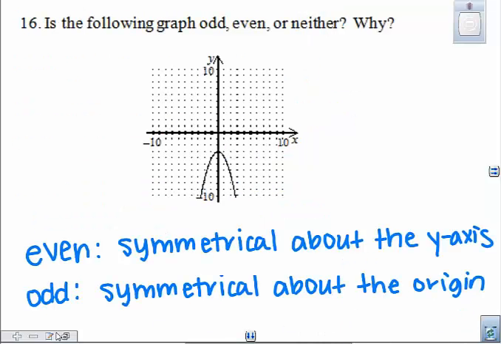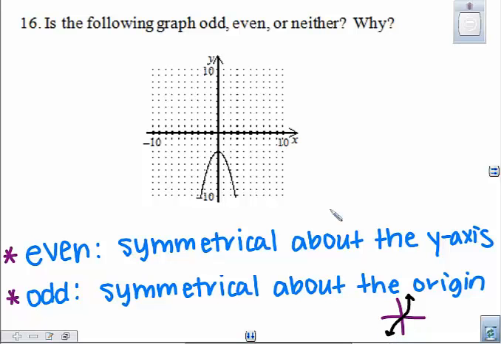Number 16 is asking about even and odd functions. What you should remember is that a function is even if it's symmetrical about the y-axis. That means you can fold it over the y-axis and it's a reflection of itself. Odd means it's symmetrical about the origin. Okay, that's kind of like the cubic function. The cubic function, if I folded it about the origin, which means over y and x, it would be on top of itself.